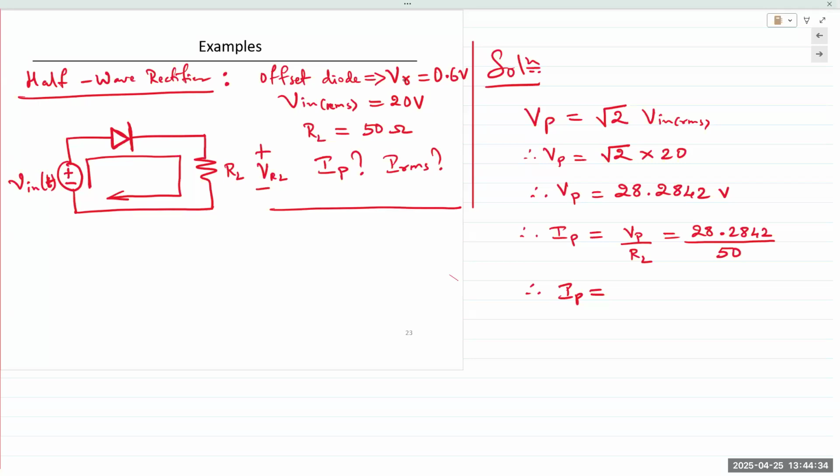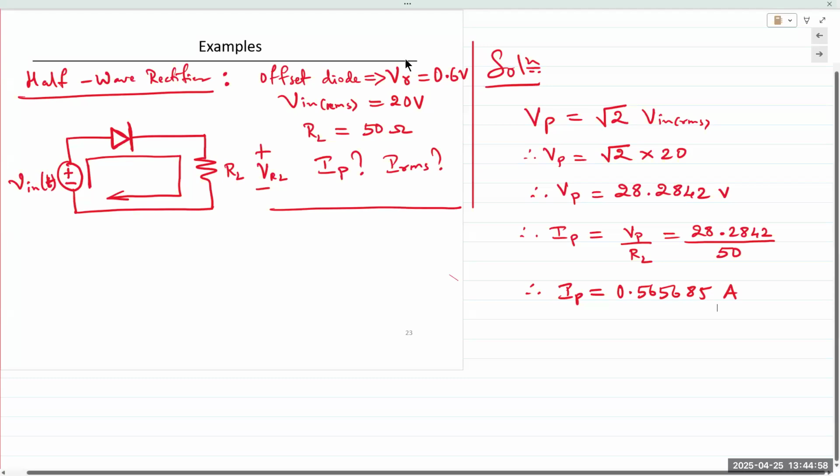Okay. What value of IP did we get? All right. That's close to what I have. That's what I have: 0.565685. I just felt like taking six decimal places.